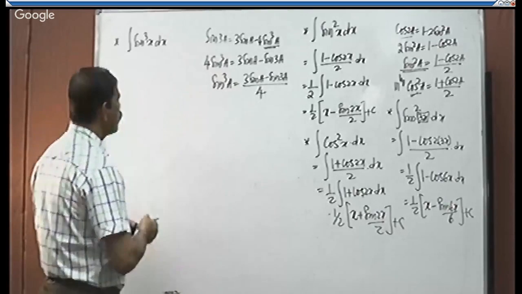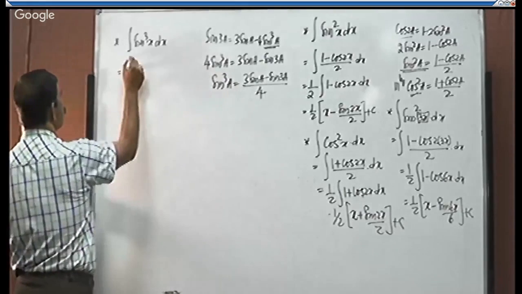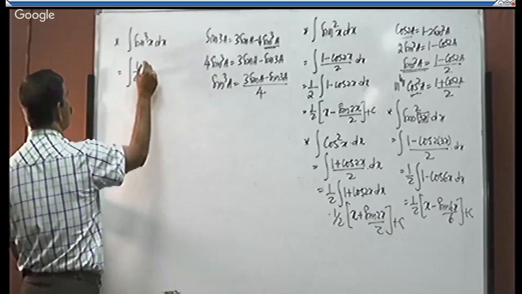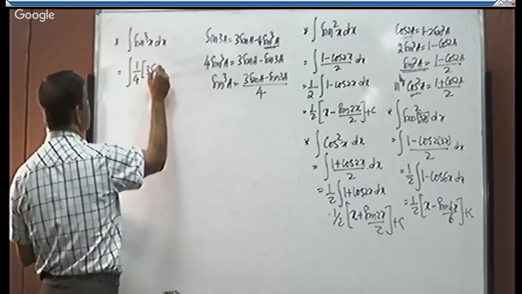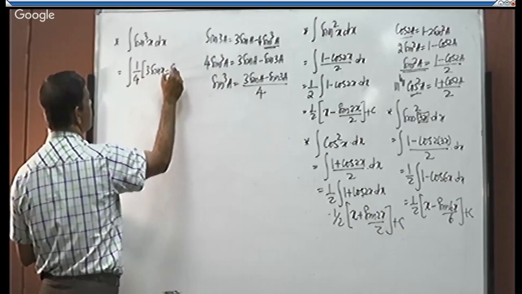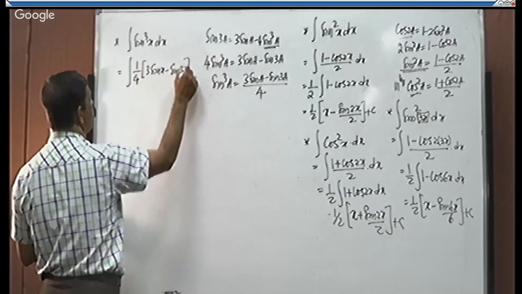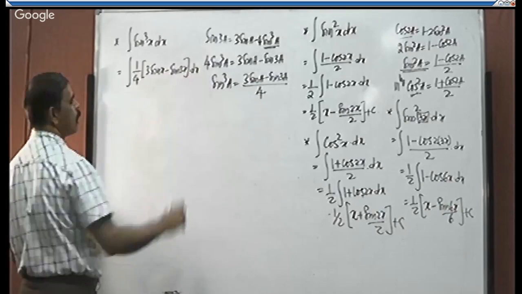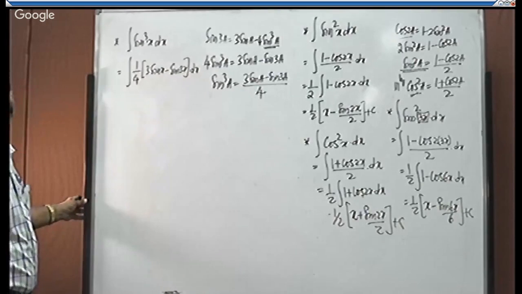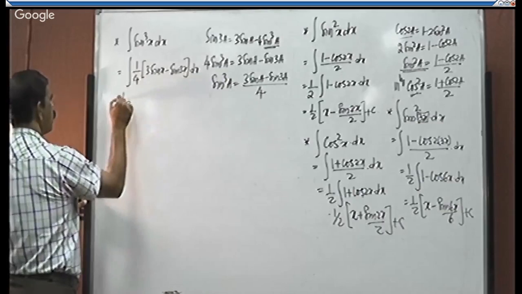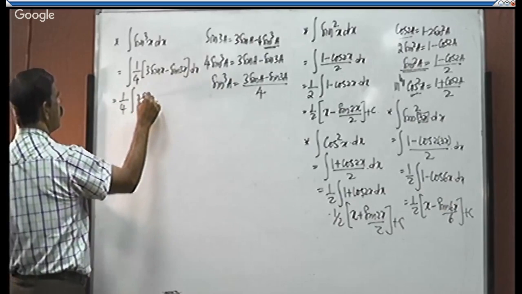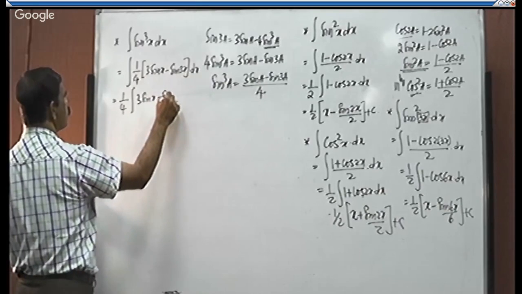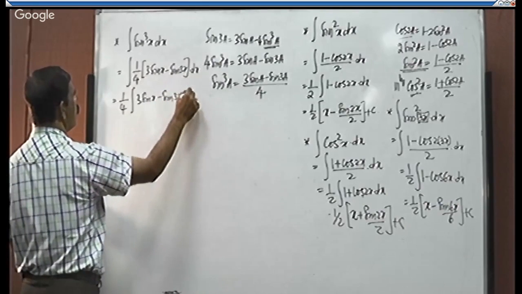So according to that, this problem reduces to 1 by 4 into 3 sine x minus sine 3x into dx. Is it correct? I have just replaced the formula. Now take 1 by 4 outside. For the remaining, you just integrate it: 3 sine x minus sine 3x into dx.